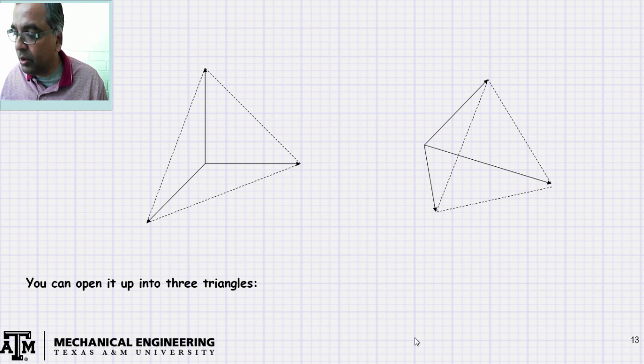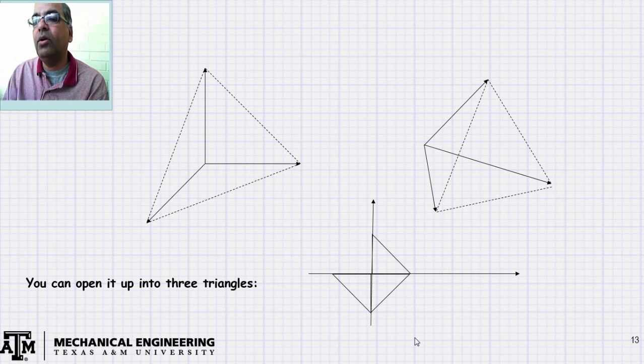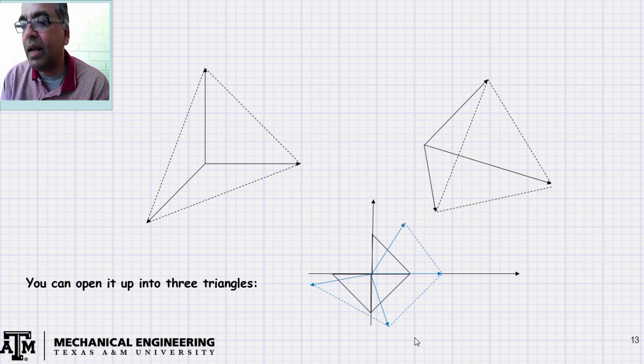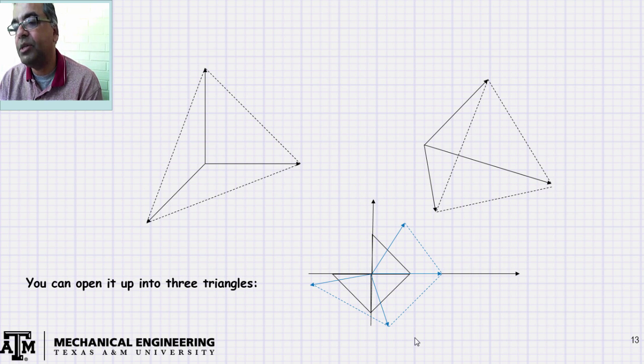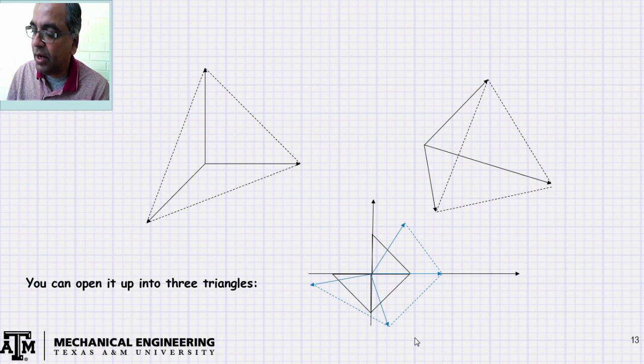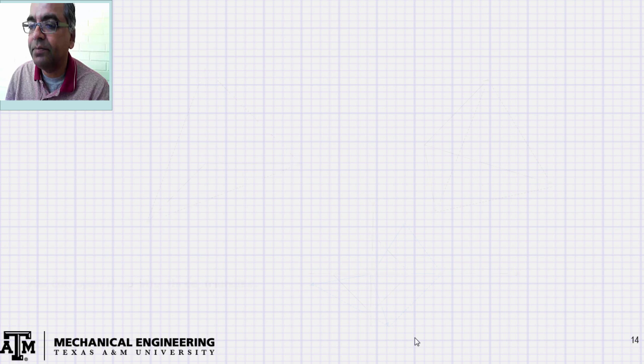If you open that, it will look like this. One of the axes will be aligned and one of the planes will be aligned. I'll explain in a second so that we can see the shape change. Okay, this is how we are going to look at shape change. Very good. So how do we do this?